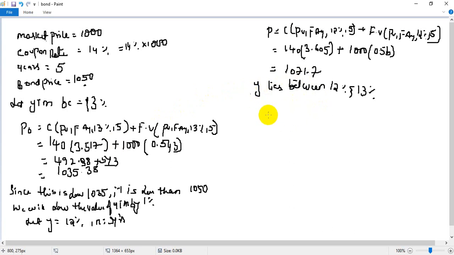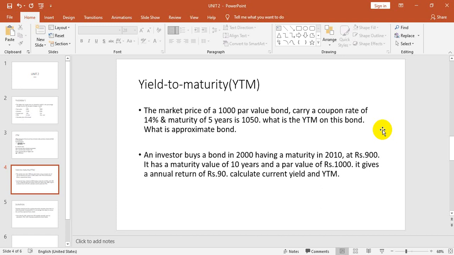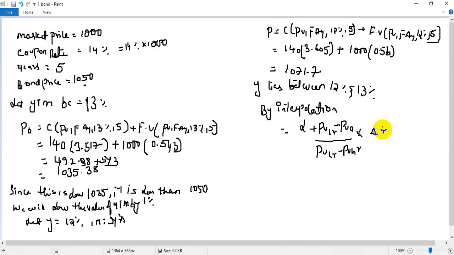So with the formula that I have given you, by interpolation we are going to calculate the exact percentage. The formula is L plus PVLR minus PV0 over PVLR minus PVHR into the difference of rates.